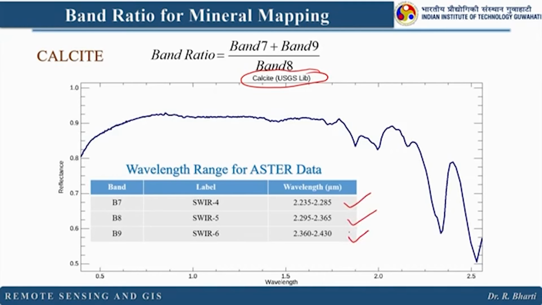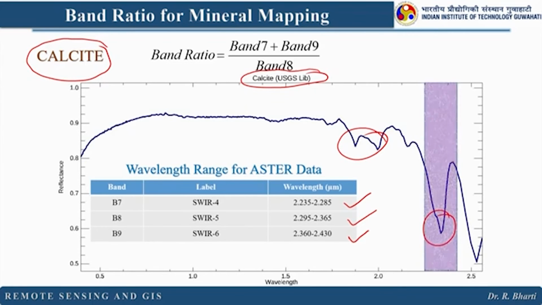The band designation of Aster data or any given satellite data is known. So if you are going to map calcite, you need to find out which sensor data is available and which is capturing your absorption features, right. Accordingly you have to decide what remotely sensed images will be used in your application.